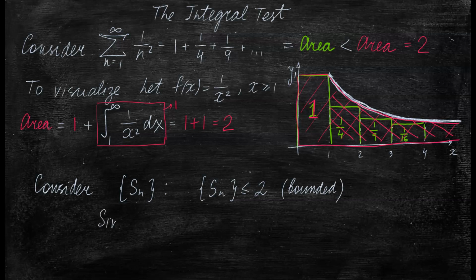However, since every element of the sequence is positive, so we keep on adding and adding, that means Sn is increasing, which means it is monotone. And we know that bounded monotone sequences converge.